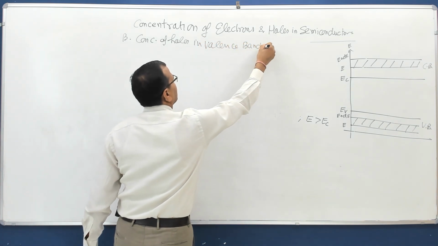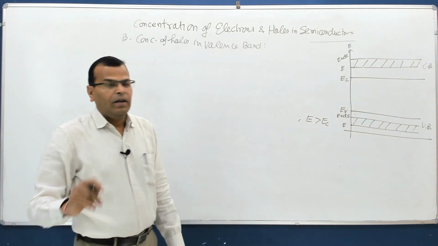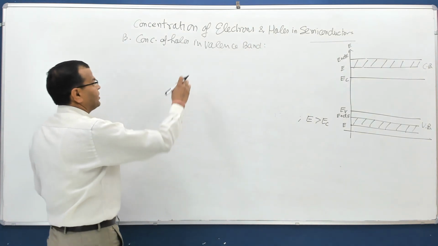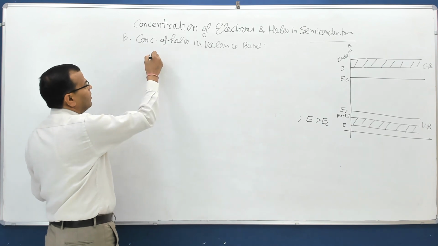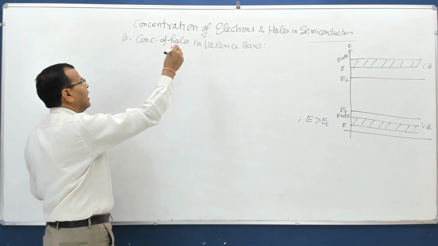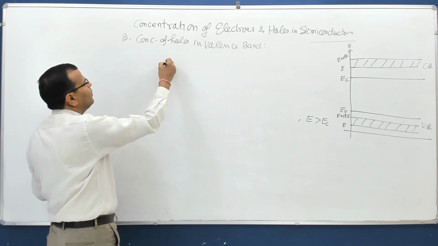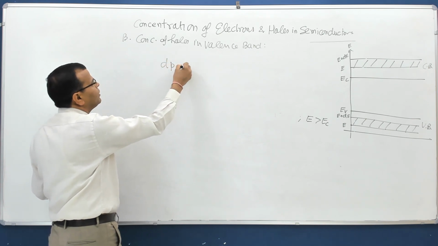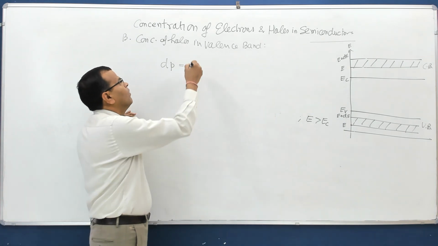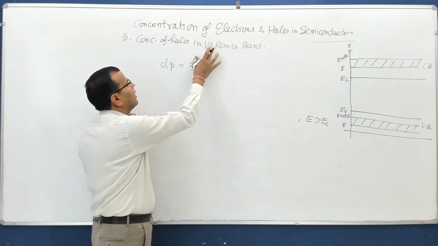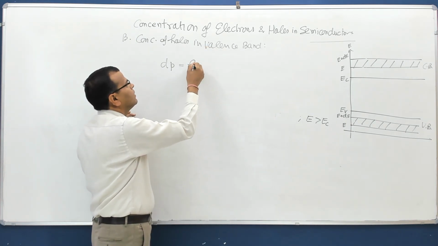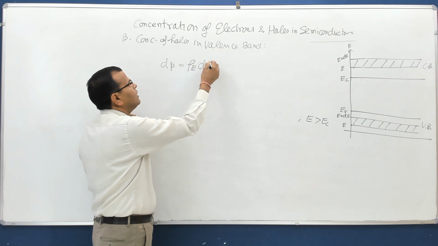And remember the Fermi-Dirac function for holes, I'll rewrite. First of all, the concentration of holes dP is equal to F dash E into rho E into dE.